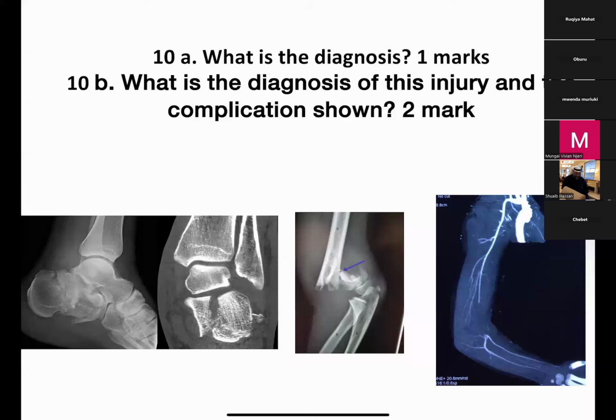All right. So what about this? What's the diagnosis in, this is an easy one. See, what's required of an undergraduate is very little. What's the diagnosis in 10A?